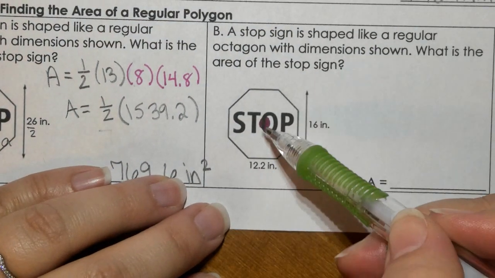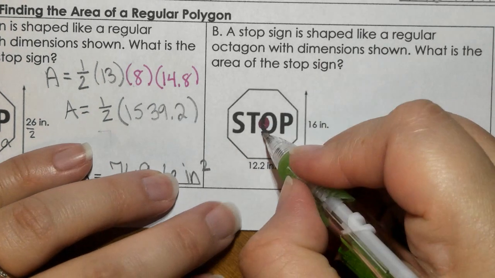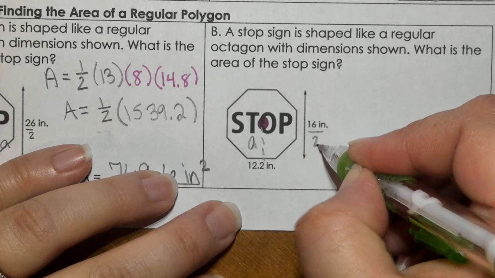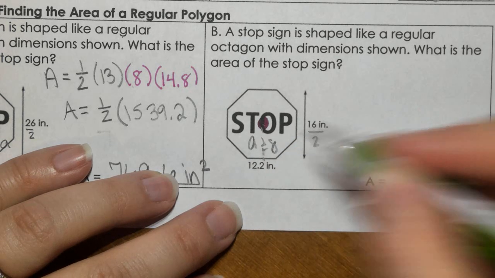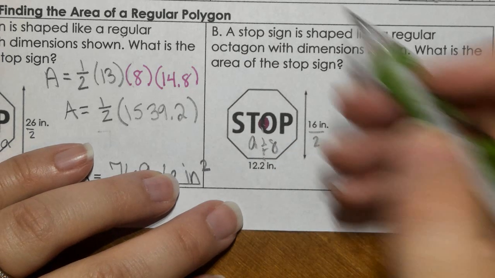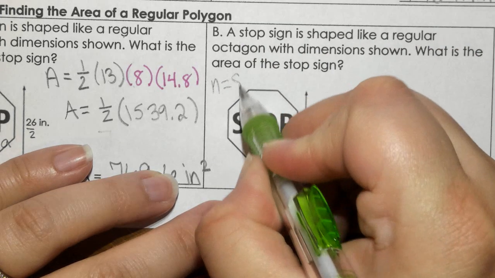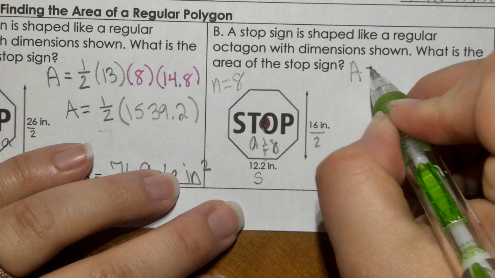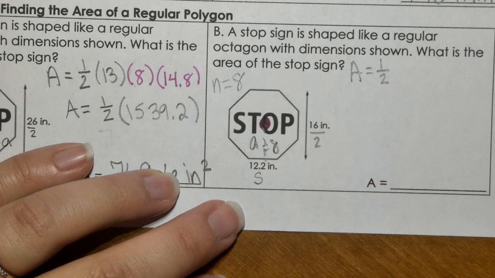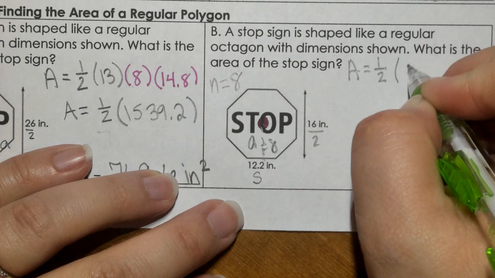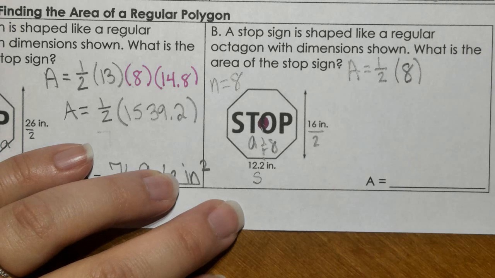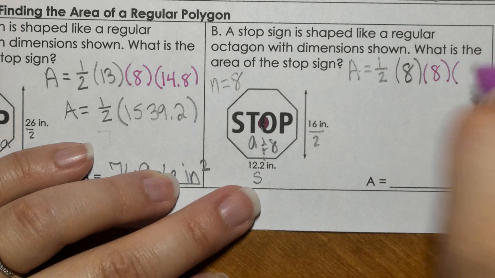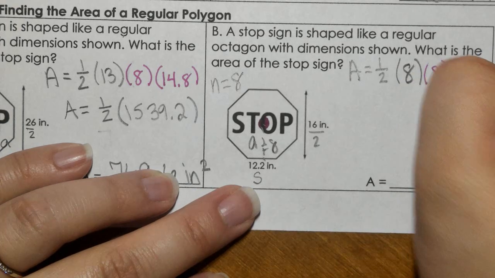So I went ahead and drew the center here. So let's draw your apothem. So your apothem is half of 16, so it's 8. Your number of sides is 8. Your side length is 12.2. So we have a half times the apothem times the number of sides times the side length of 12.2.